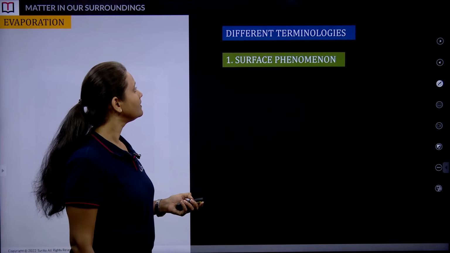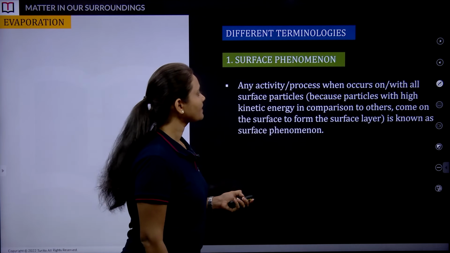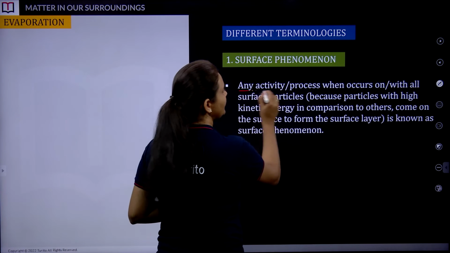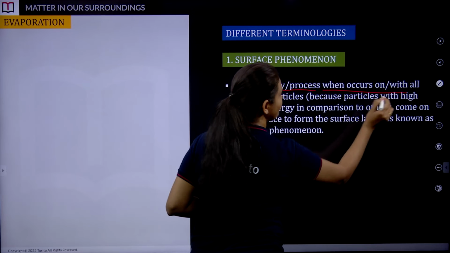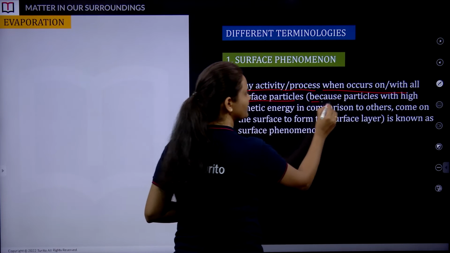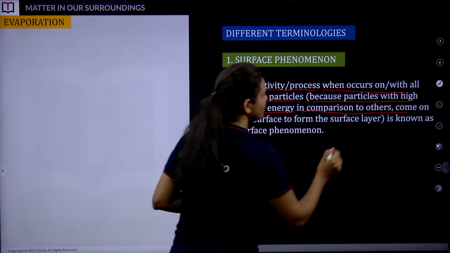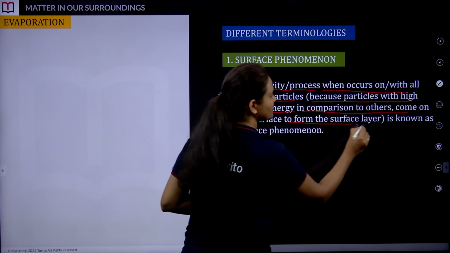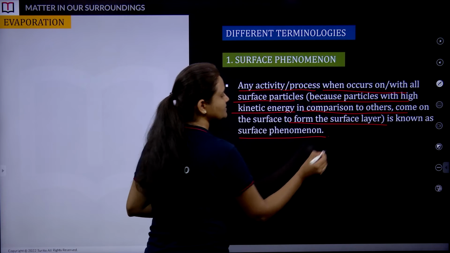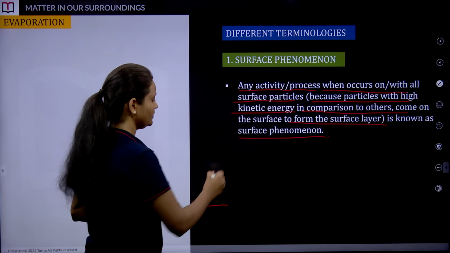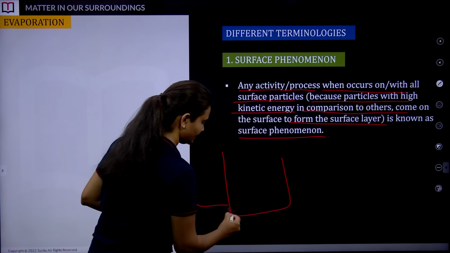Alright, let's move ahead. Any activity or process that occurs with the surface particles, because particles with high kinetic energy in comparison to others come to the surface to form a surface layer, is known as surface phenomena. I will explain it again.